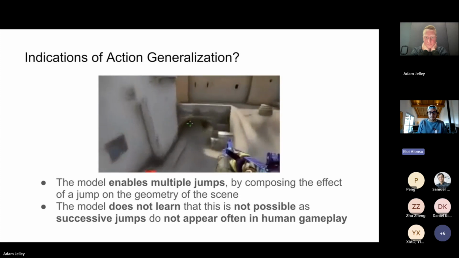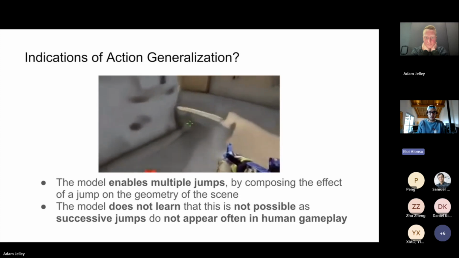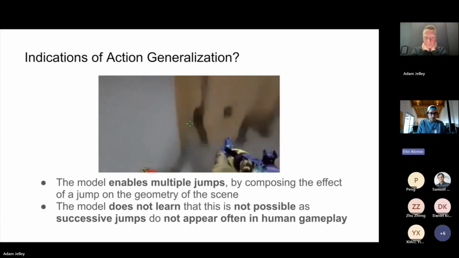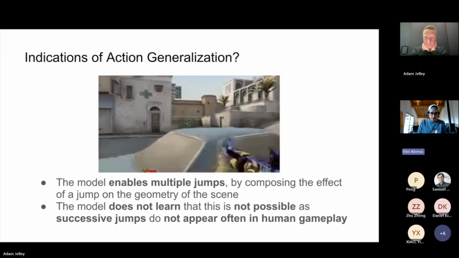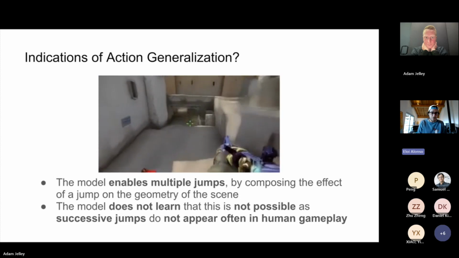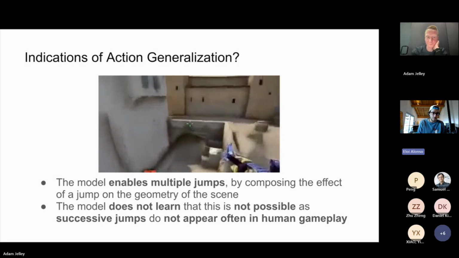That's because we have human gameplay, and very few humans try to jump mid-air because when you're a good player, you know that it's just not useful. But the interesting thing about this failure mode is that it shows, at least to us, that the world model was able to generalize the effect of a jump.